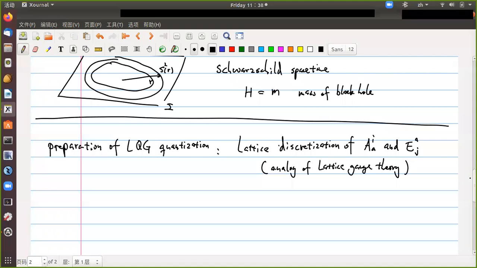But you can do perturbative calculation only in the high energy regime, because non-abelian gauge theory has asymptotic freedom: it is asymptotically free at high energy, but becomes strongly coupled at low energy.